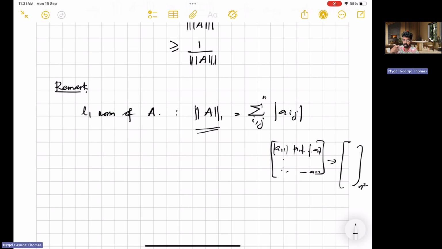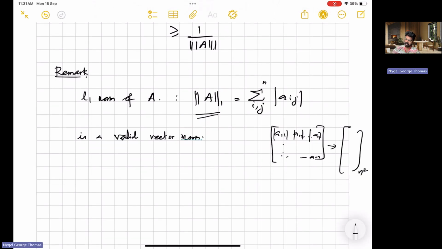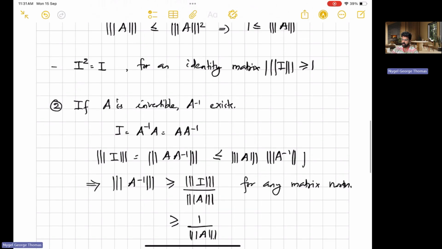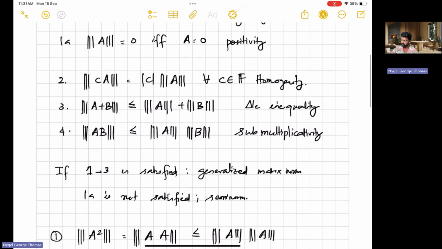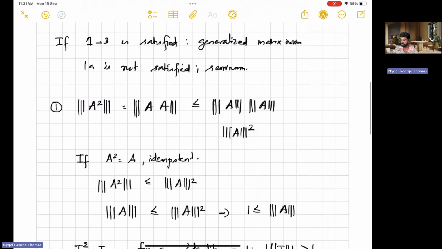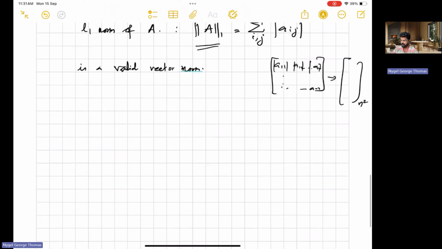This is a valid vector norm, in the sense it satisfies all the properties of a vector norm. The three properties we already know, so we have to just check the submultiplicativity property.